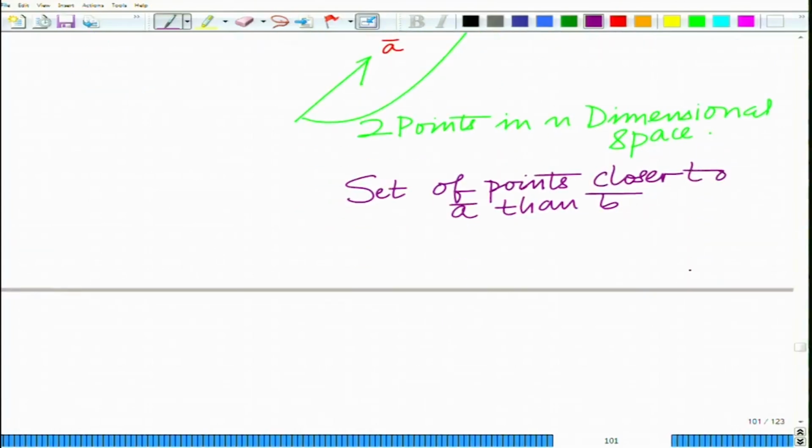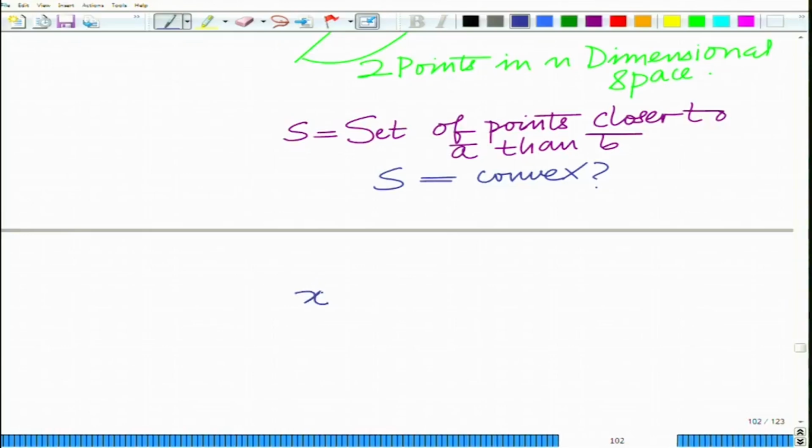If we call this set S, is S convex? That is, if we have 2 points in n dimensional space, a bar and b bar, is the set of points x bar which are closer to a bar than b bar convex?